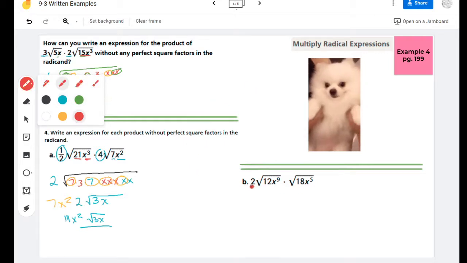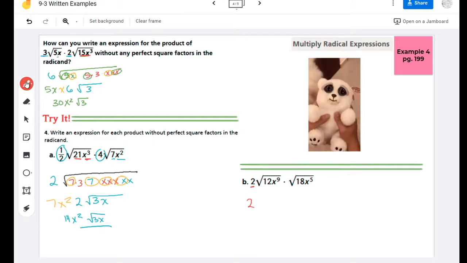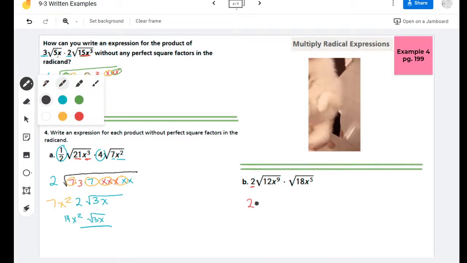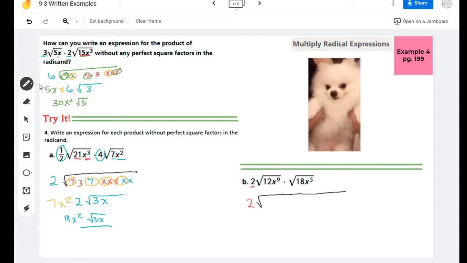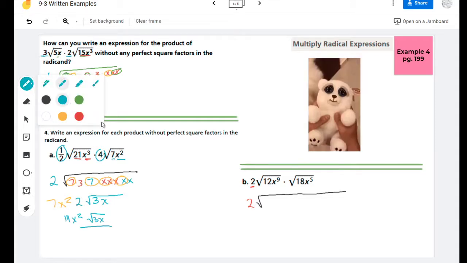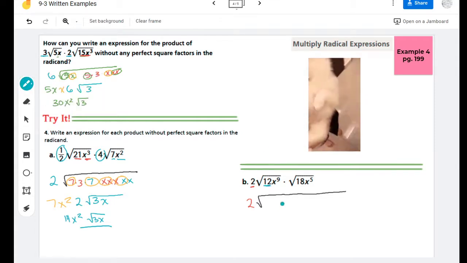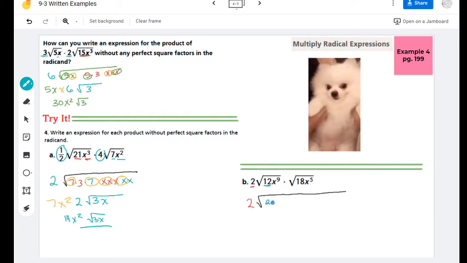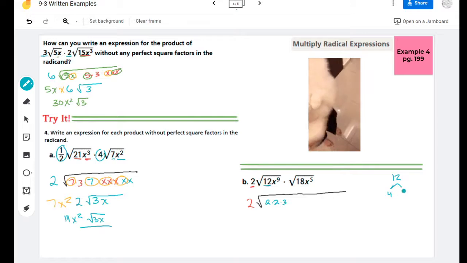So on this one, there's the 2 that's on the outside of the radical. And then inside my radicals, I have a 12. That 12 is the same thing as 2 times 2 times 3.